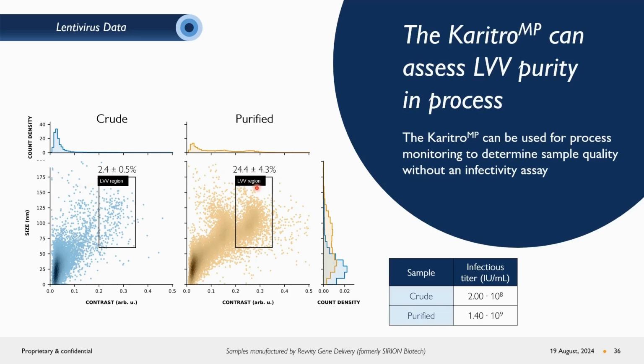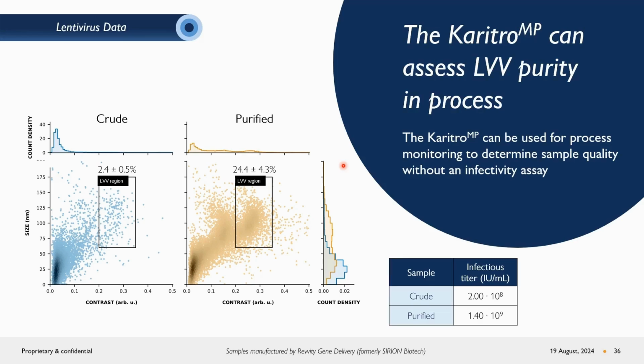We compared this increase with the infectious titer, which shows a sevenfold increase, nicely matching with the observed result on the KaritroMP. So the conclusion here is that the KaritroMP can be used for fast process monitoring to determine the sample quality before performing infectivity assays and having a quick overview of the sample purity.